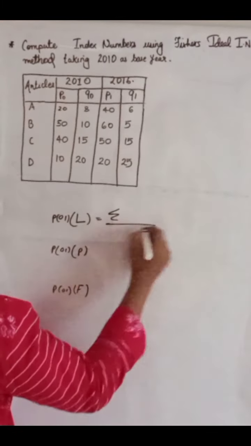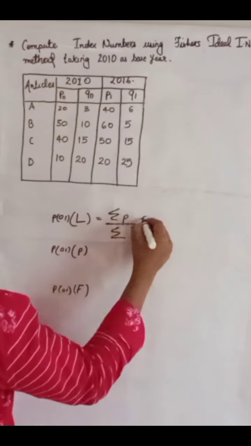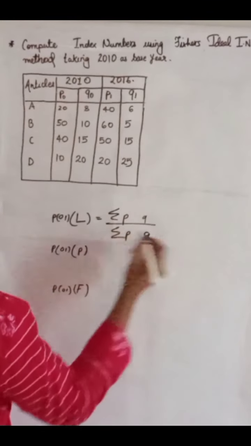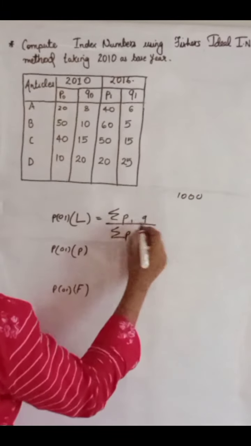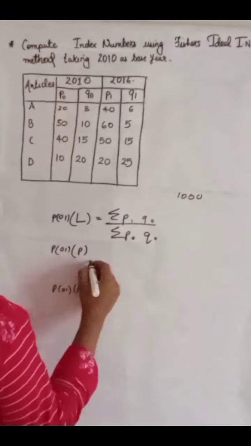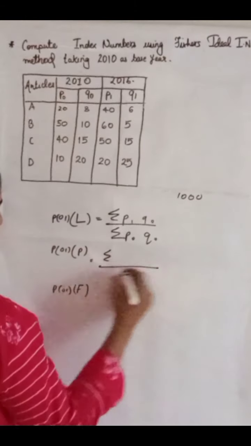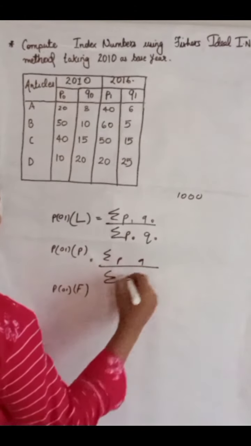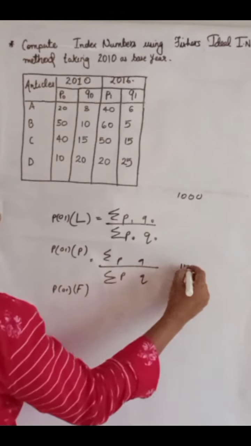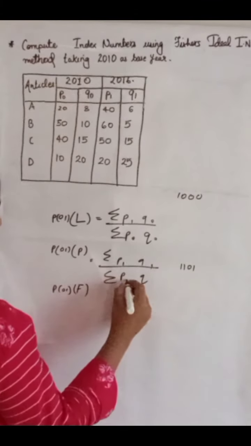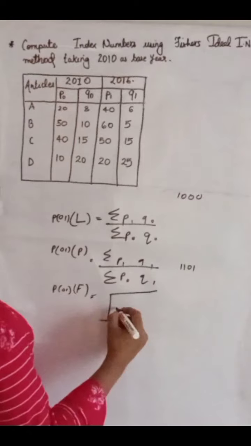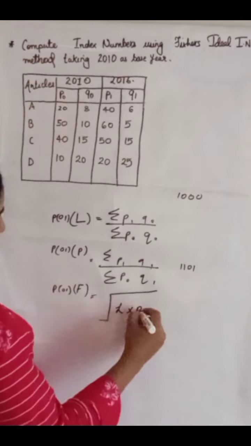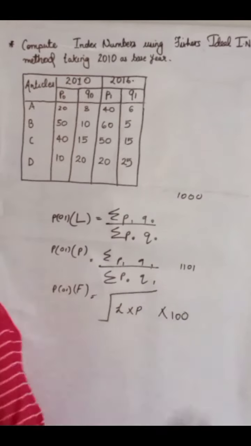It is summation of, let us write down P and Q in sequence. Laspeyres, we need to know the number 1000, 1, 0, 0, 0. What is Paasche? 1101. And what is Fisher? Root of L into P into 100.